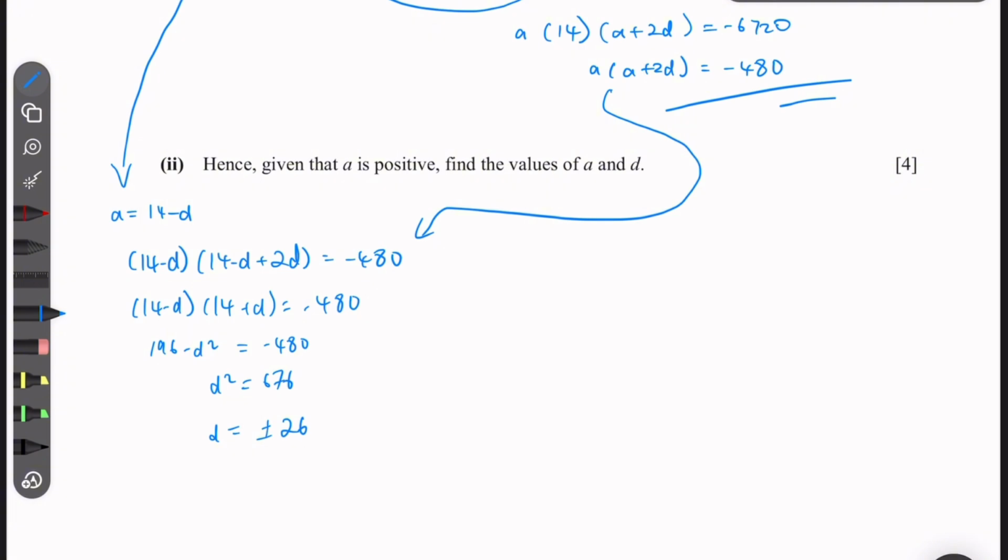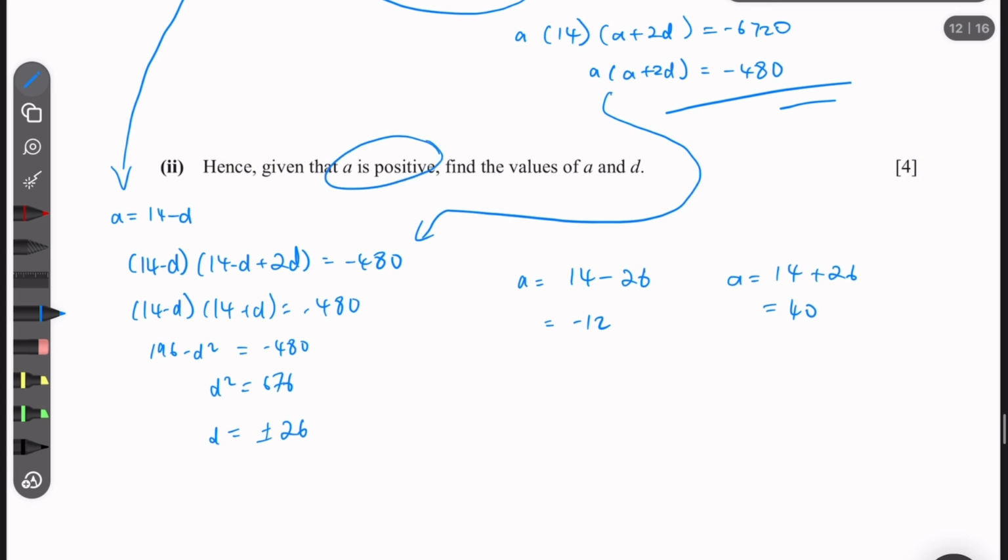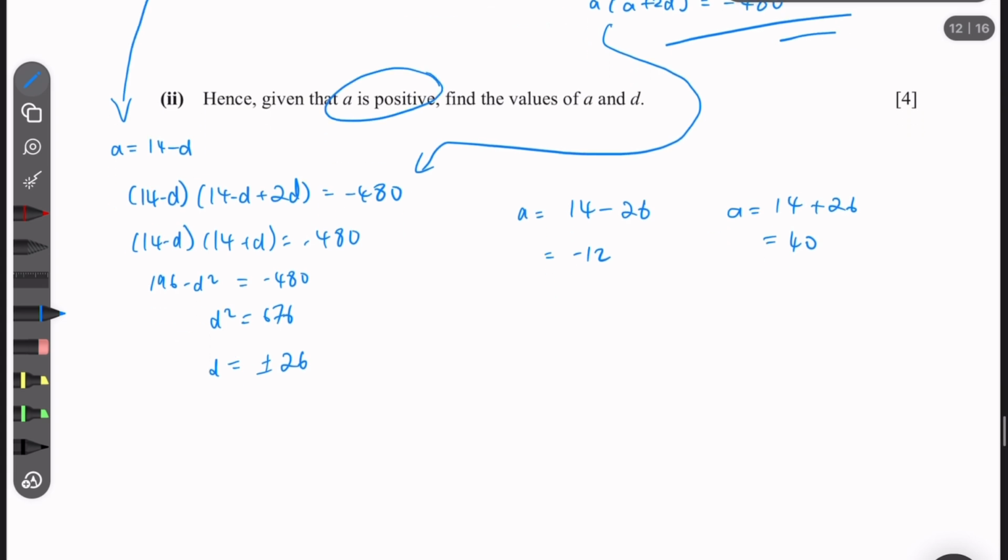And then we need to find the a value. So we just sub it back into the equation. So this will give us minus 12 and this will give us 40. And the question says that a has to be positive. So this is not positive. So d cannot be equal to minus 12.